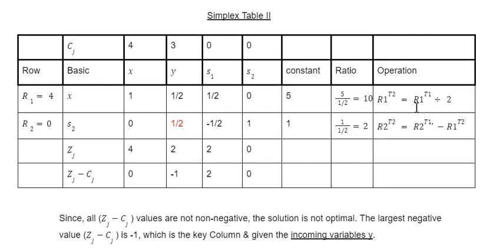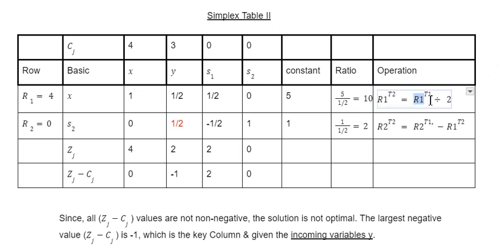As I have already told, we have to apply the operation in this row. We have to make the pivot element 1. This operation will make it 1, and for the other elements as well, the same operation will apply.